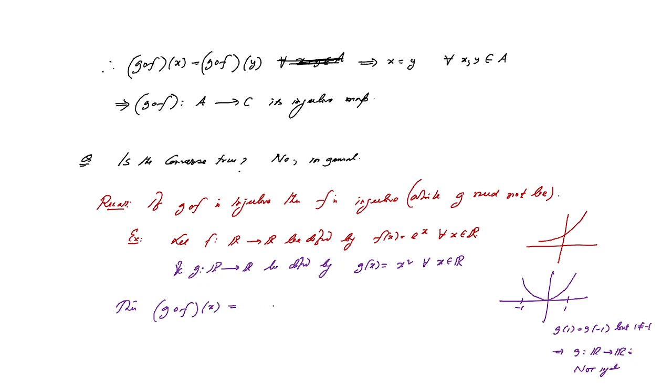Because the range of f, which is R plus, is a subset of the domain of g, which is R. So g of f(x), where f(x) is exponential x, gives e to the power 2x for all x belonging to R. So g composed f is e to the power 2x, and this is also an injective mapping.